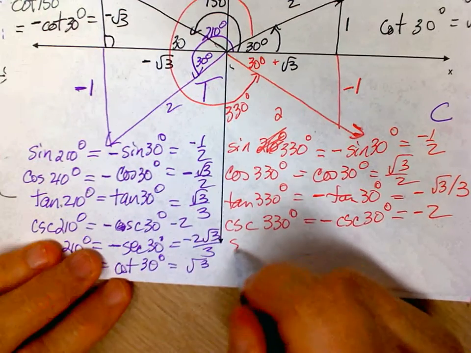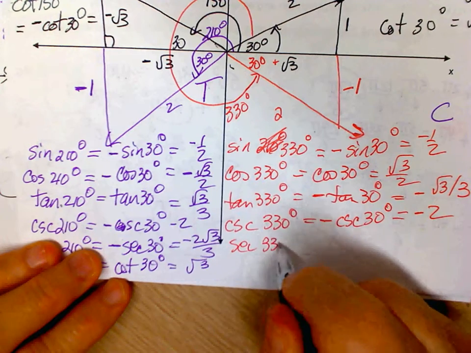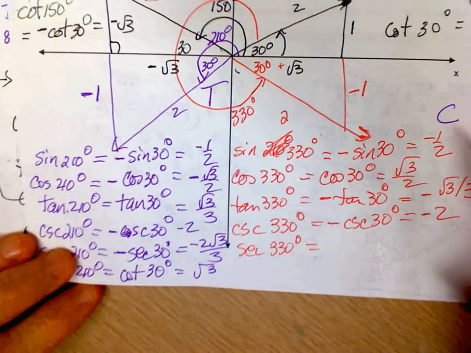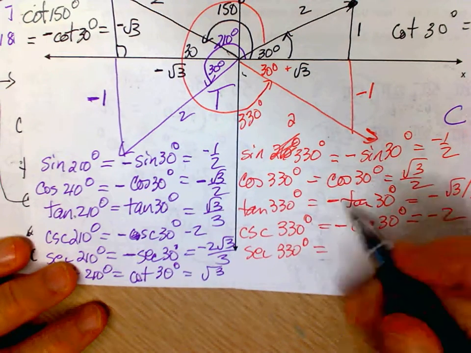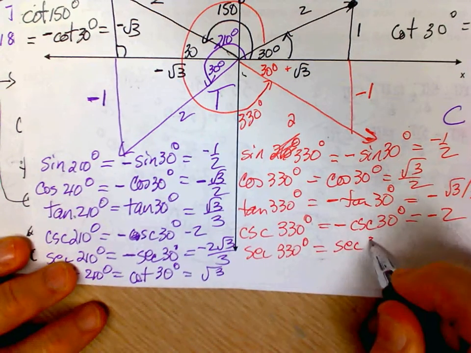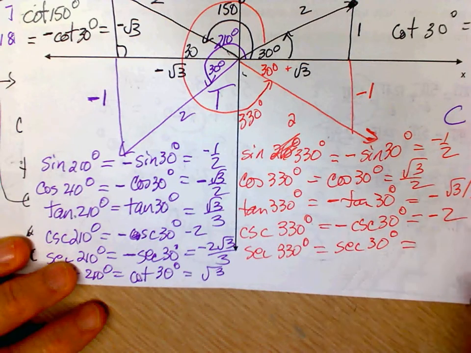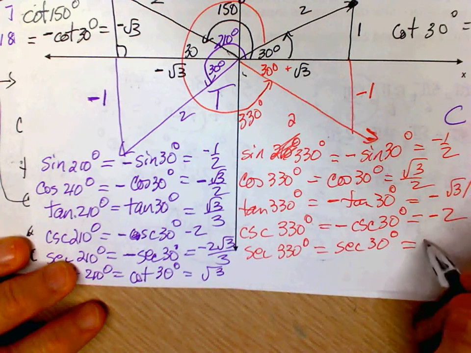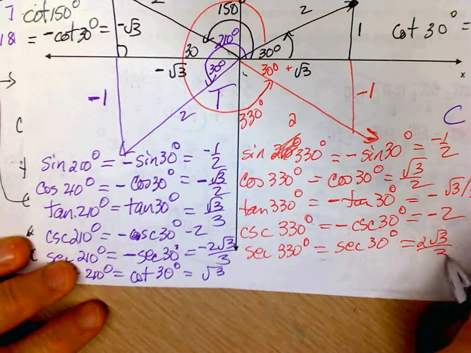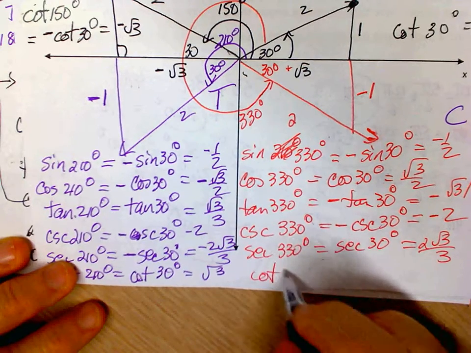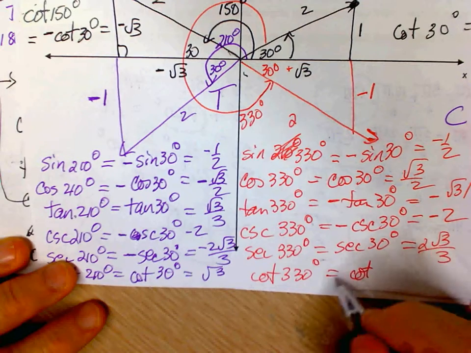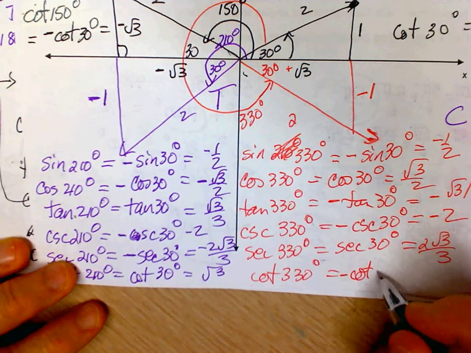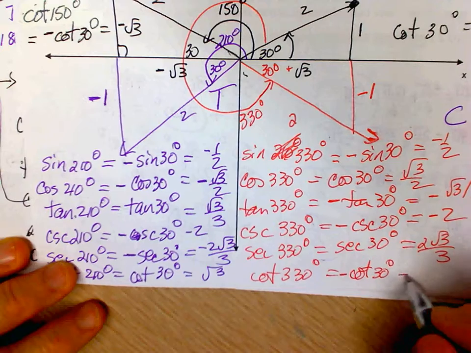Secant of 330 degrees is equal to, well, cosine and its reciprocal are positive, so that equals the secant of 30 degrees, and that is equal to 2 root 3 over 3. And cotan of 330 degrees is equal to the negative cotangent of 30 degrees, and that is negative root 3.